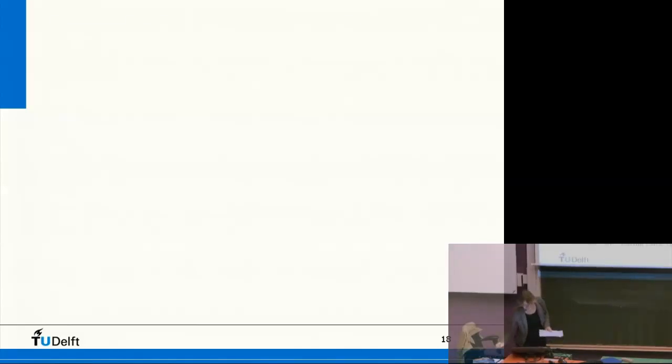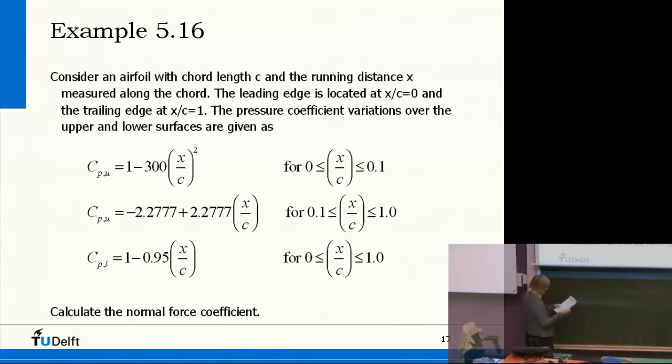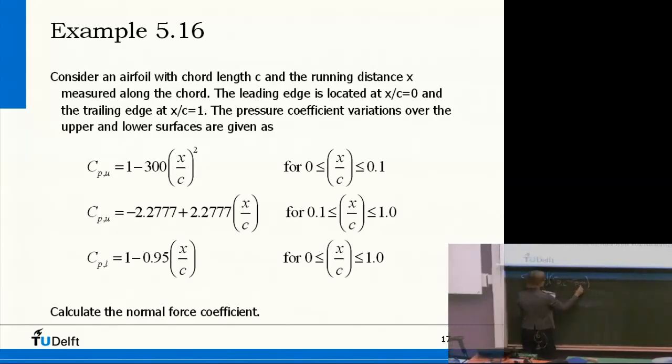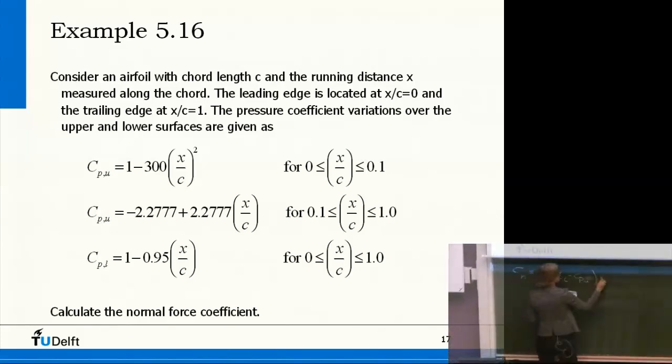So first, let's calculate the normal force coefficient. Cn is the integral from 0 to 1 of Cp on the lower side minus Cp on the upper side, d(x over c).